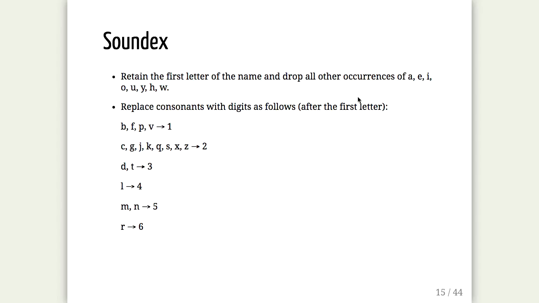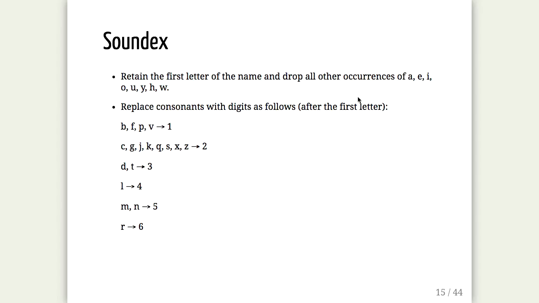If you've got C, G, J, etc., replace it with a 2. And R is 6, etc. So Currajong, we would have the C, and then it would be, I think, 625. And so what we can do is we can index every word in our gazetteer, and we can say, OK, if it's equal to 625, well, according to this algorithm, it sounds like Currajong.